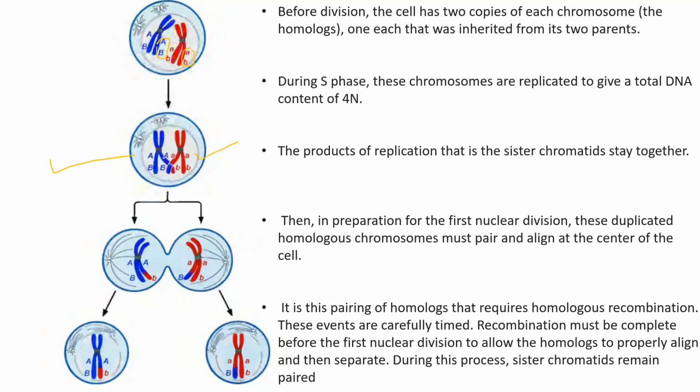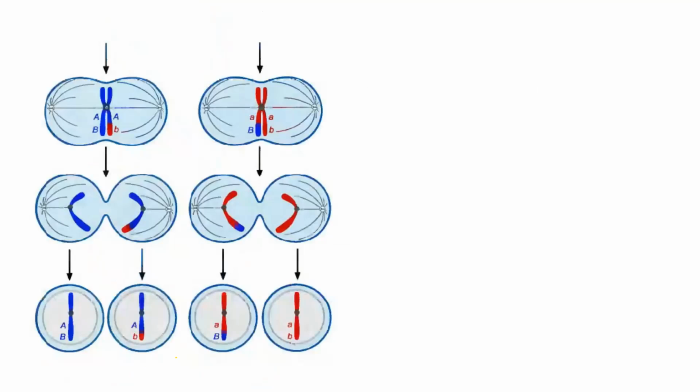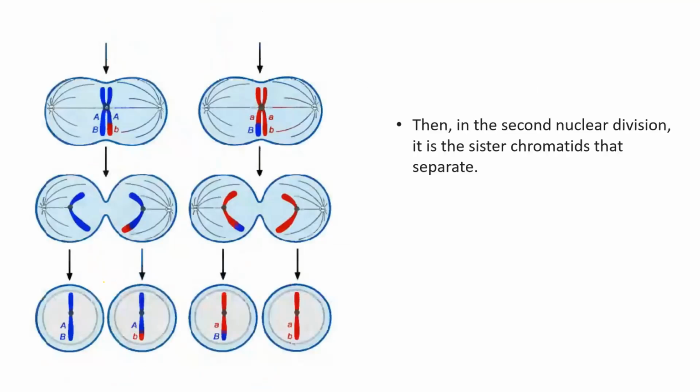But due to this crossing over, what we have seen in this step, the small b allele has come on this chromosome with capital A, and the capital B allele has come on this chromosome with small a. And now one more division would take place, what we will see in the next step. Then in the second nuclear division, it is the sister chromatids that separate.